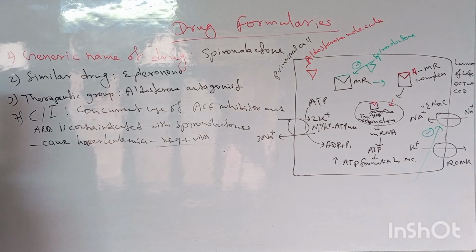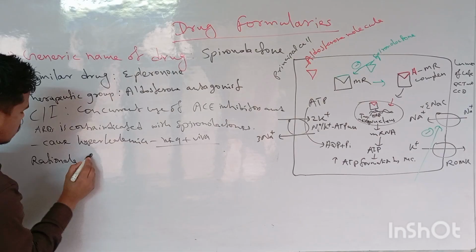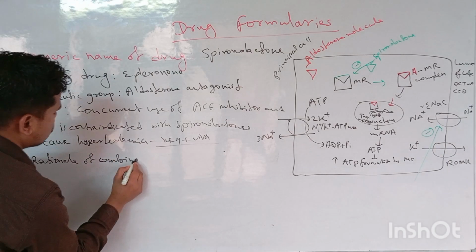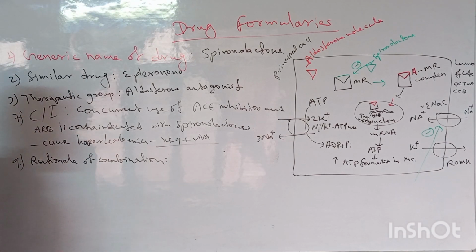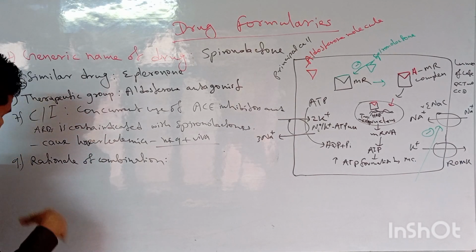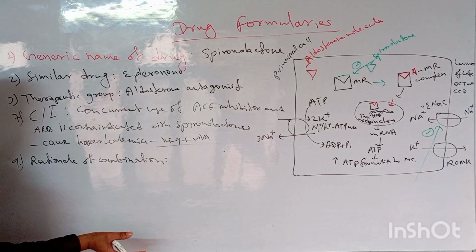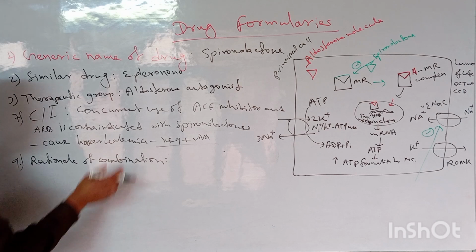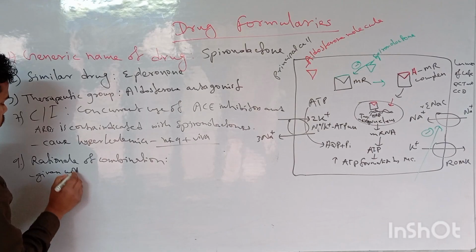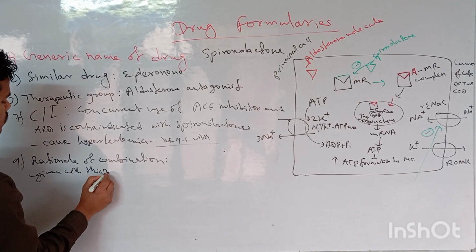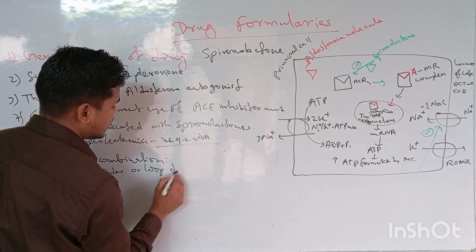Here, as I earlier mentioned, spironolactone is given as a supplement along with thiazides or loop diuretics.